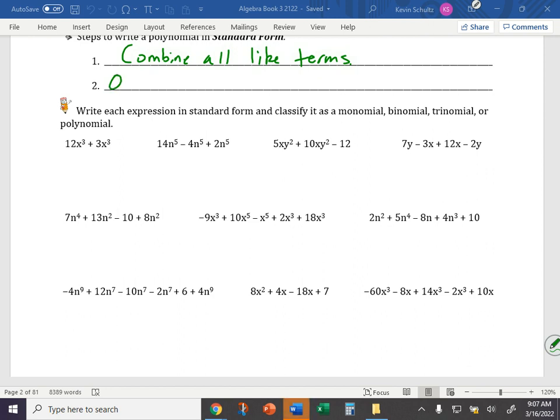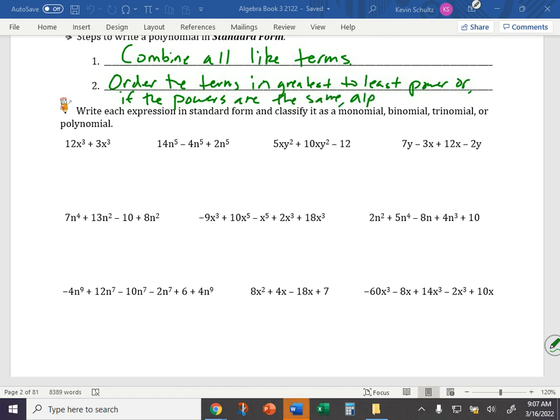And then number 2, order the terms in, almost wrote it backwards, greatest to least power. Or if the powers are the same, then alphabetical by variable.